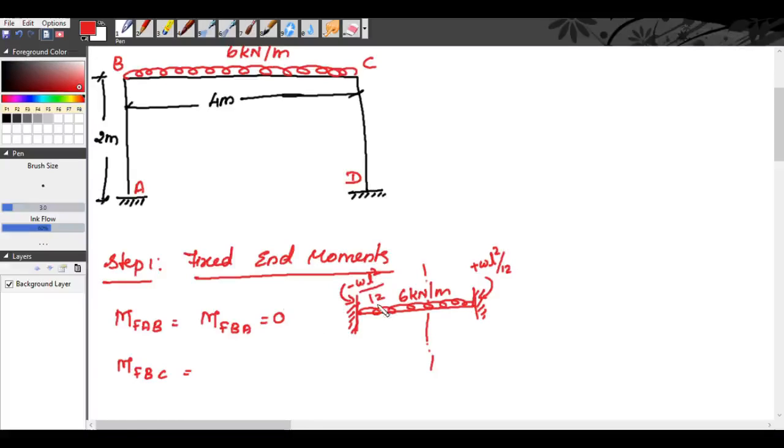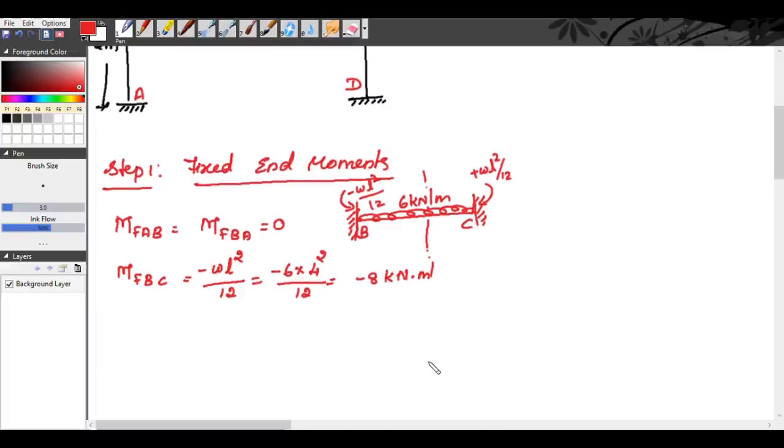So we get MFBC, this is B and this is C. So MFBC will be equal to minus WL square by 12, that is minus 6 into 4 square divided by 12. So we get minus 8 kilonewton meter.